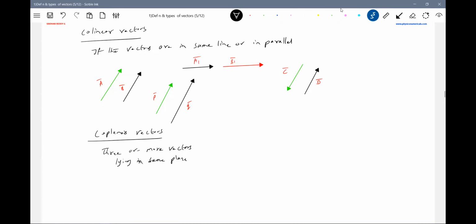Coplanar means, okay, we will take the coordinate axis. Look at all these vectors. They will lie in the XY plane, so we can call all these vectors coplanar. Whatever the direction or orientation, we are not bothered.